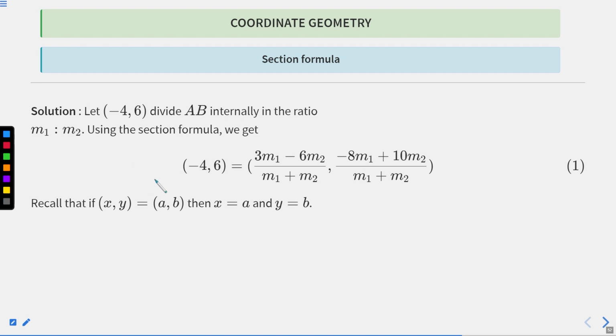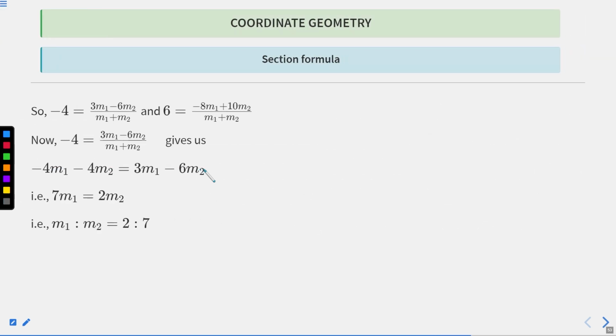Okay, and if we recall, if (x, y) is equal to (a, b), then it implies x is equal to a and y is equal to b. So now if we use this, then we can get two equations. Okay, so we get -4 is equal to (3 m1 minus 6 m2) divided by (m1 plus m2), and 6 is equal to (-8 m1 plus 10 m2) divided by (m1 plus m2).